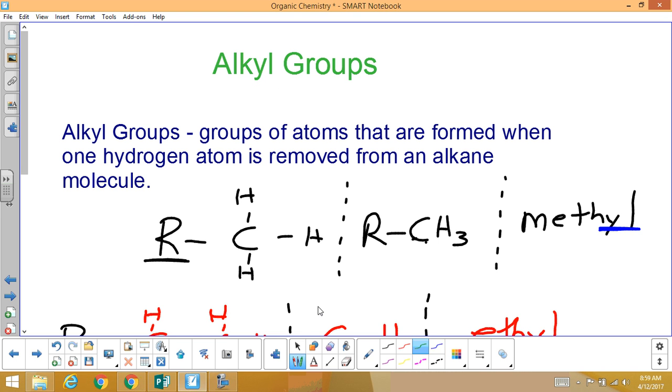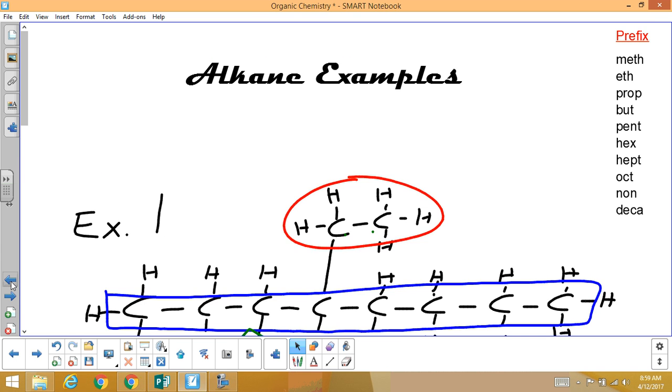So let's go back and let's identify these. So, the red circle, this is a branch because it comes off of the large one. So this is going to be referred to as an alkyl group. And we got to figure out, all right, 2 carbons, so that makes eth. So this is ethyl.